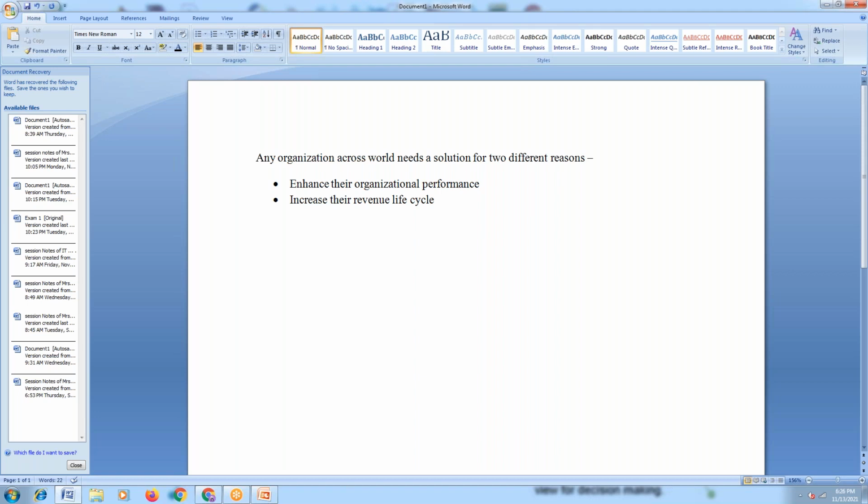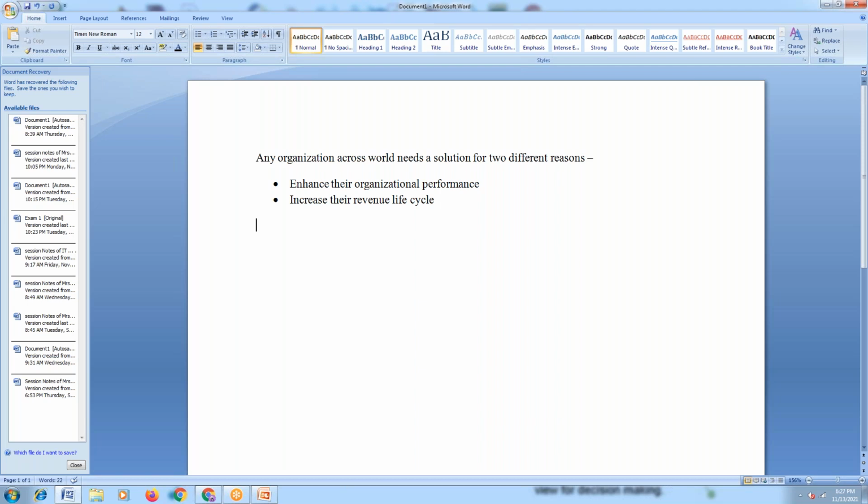Second, increasing the revenue life cycle means due to the different applications we are developing, there is a possibility that we can increase the revenue of the organization, right? Due to those reasons, we may be required. For example, I am developing an online banking application for one of my customers, where I am providing an opportunity there to pay bills online. So due to paying bills online through my app, I am getting some revenue, right?